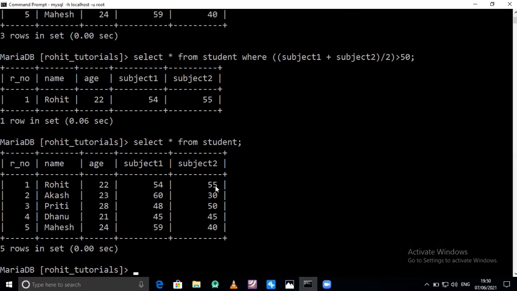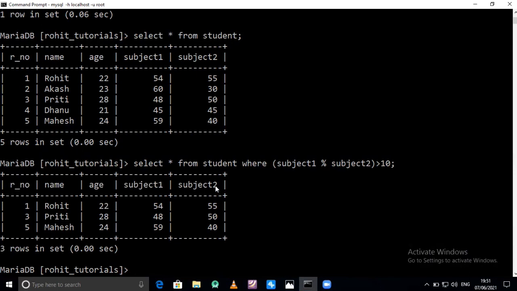So for that, I use the command select star from student where subject 1 modulus subject 2 which is greater than 10, semicolon, press enter.